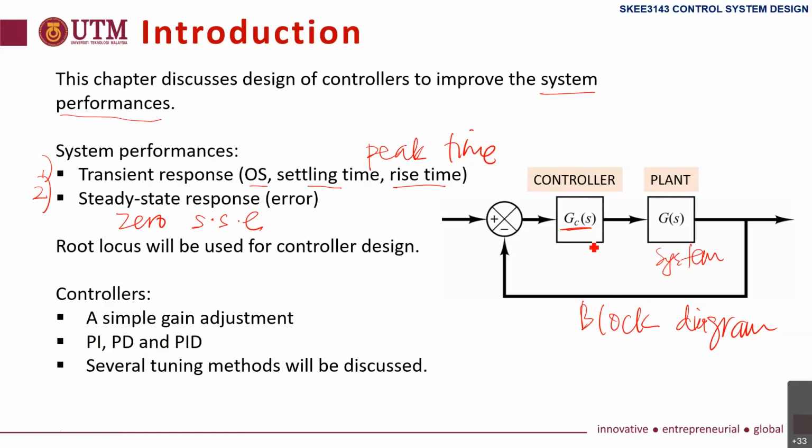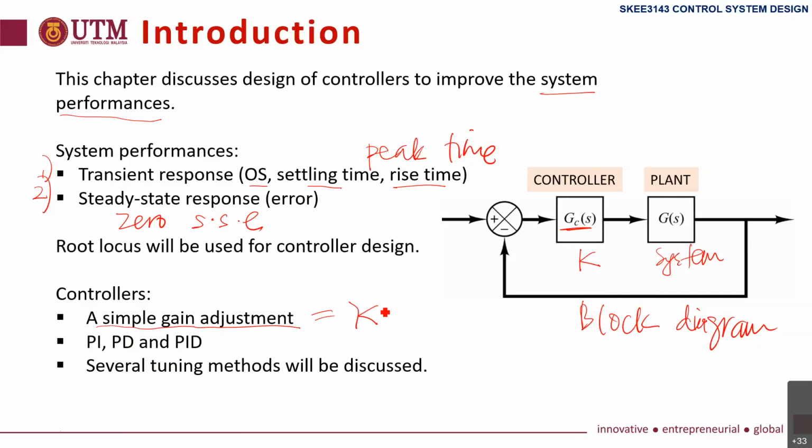When we draw root locus, usually we put here K. K is one of the controllers, which is known as a simple gain adjustment. We adjust K so that we obtain what we want.